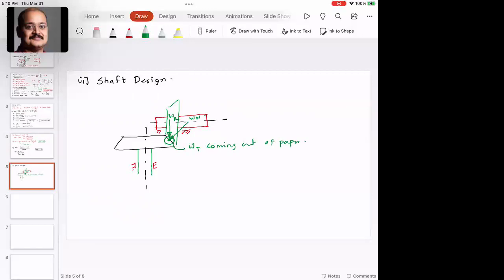So Wt is equal to torque divided by radius of gear, assuming we are designing the shaft for the gear. Then Wn is equal to Wt divided by cosine phi, and Wr is equal to Wn multiplied by sine phi, where phi is the pressure angle.